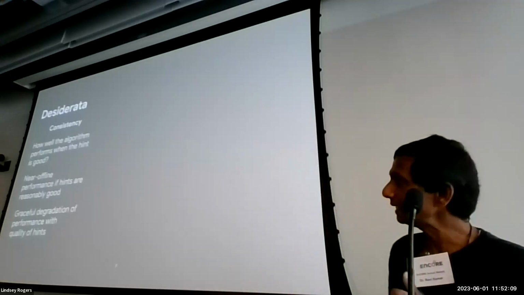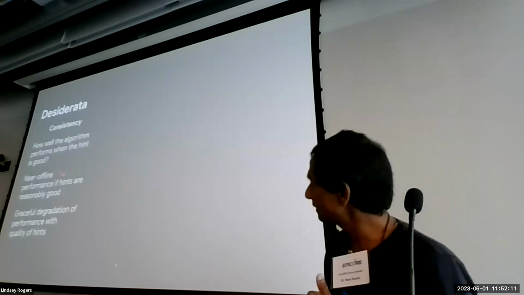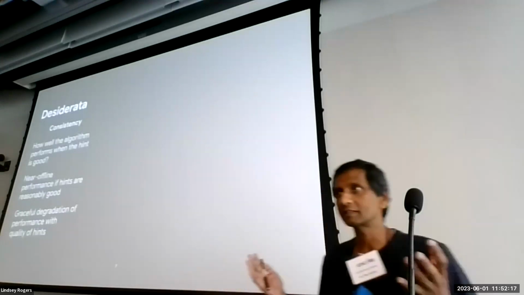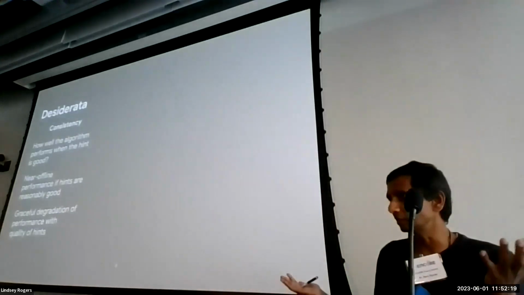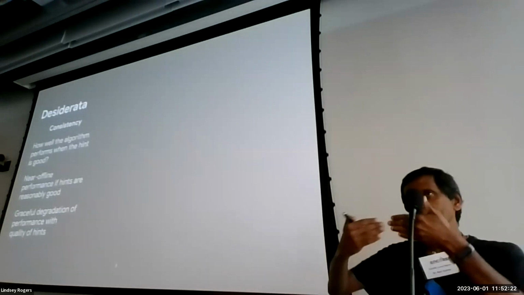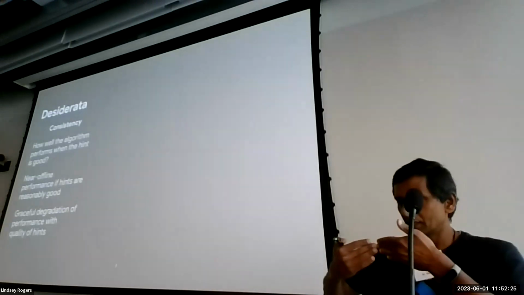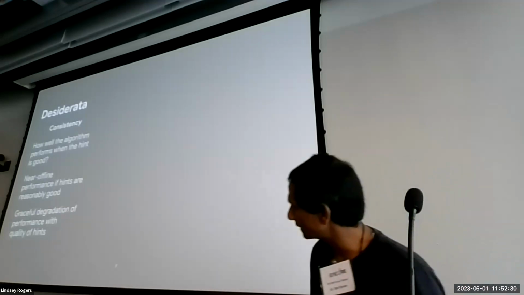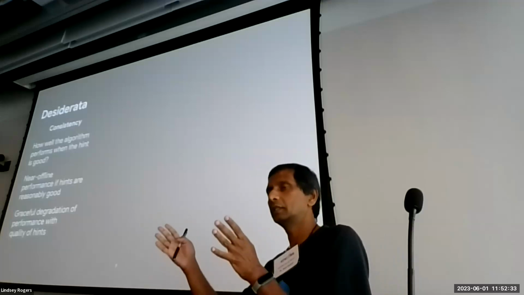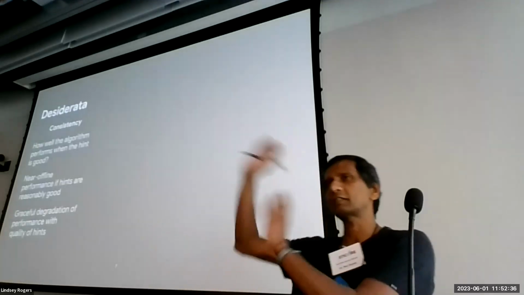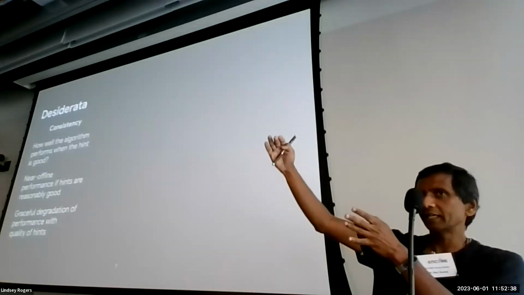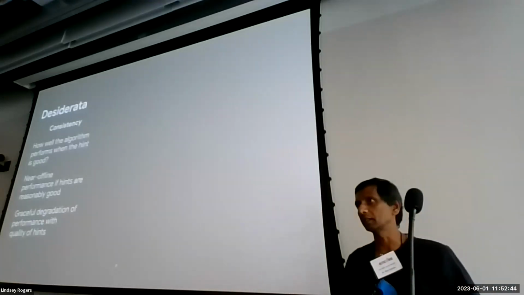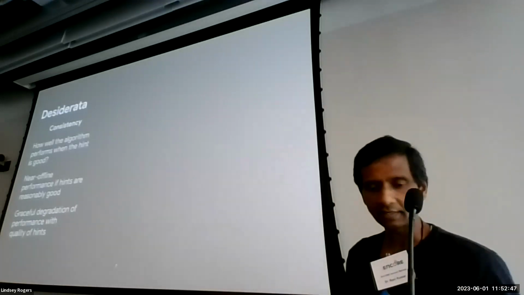In an ideal setting, if the hints are extremely good or even reasonably good, we want near offline performance. It's almost as if I know the future with certainty, so in that case, I want the algorithm to go back to offline-type performance. In fact, I want something stronger. We want a graceful degradation of the performance of the algorithm with hints. If the hints are extremely good, we want offline performance, but as the hints start getting poorer and poorer, we want a more graceful degradation of the algorithm's performance. That's one desideratum, and we call that consistency.